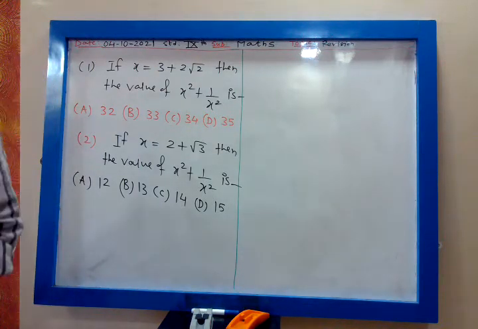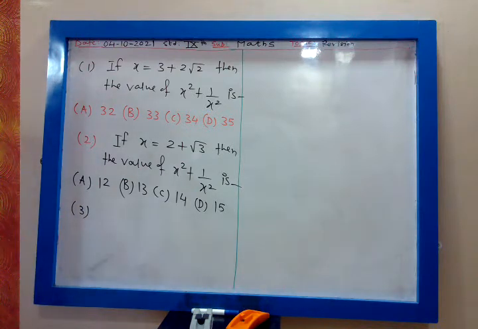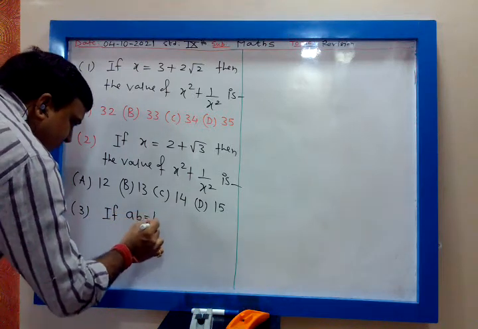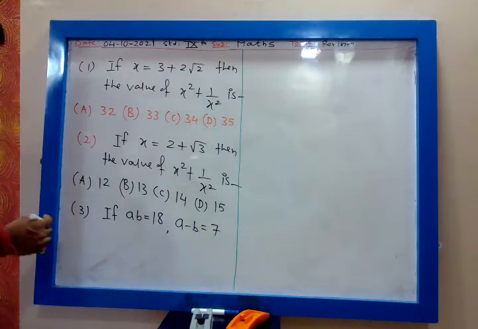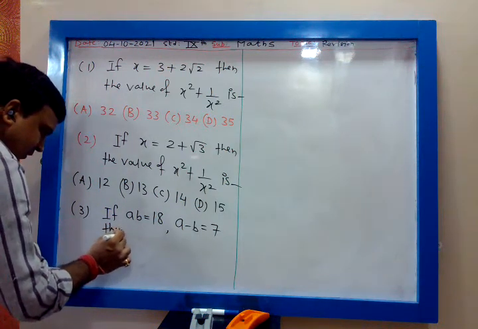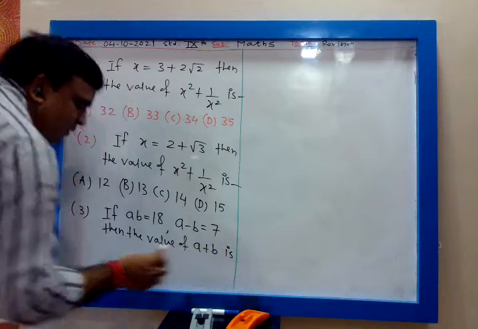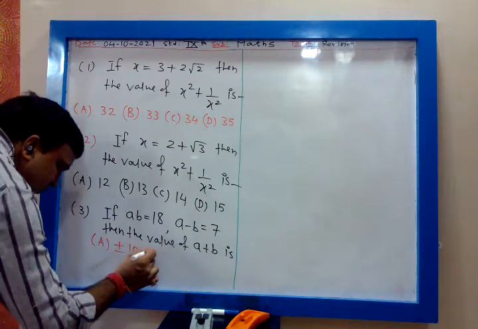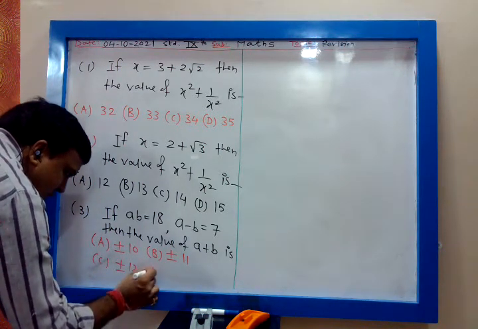So solve this. Third question. If ab is 18 and a minus b is 7, then the value of a plus b is option A plus minus 10, B plus minus 11, C plus minus 12, D plus minus 13.